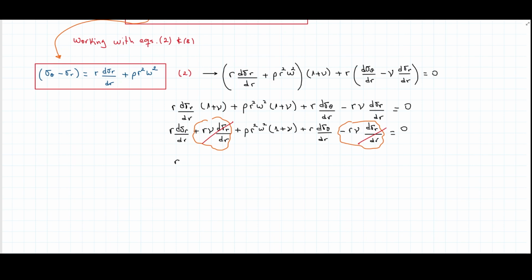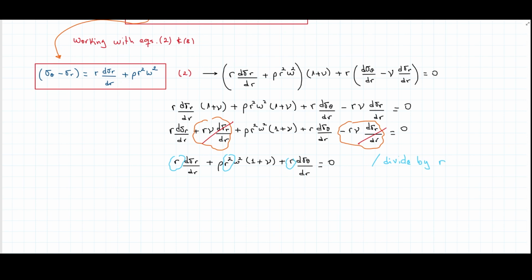So let's do it. r, the r plus this term here, plus this term here, and this equals 0. Now we are going to clean up these other terms a little bit more. I'm seeing here that I have the radius here, I have the radius here, and the radius here. So let's divide by the radius, by r.